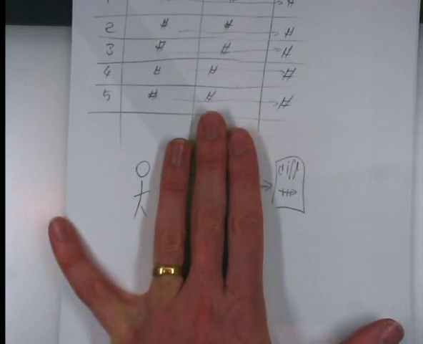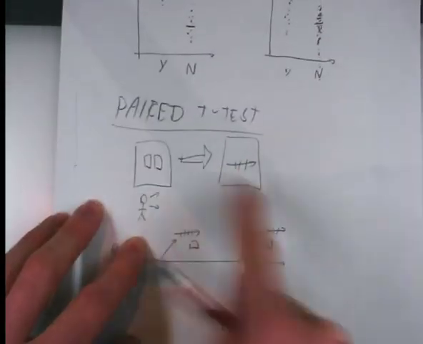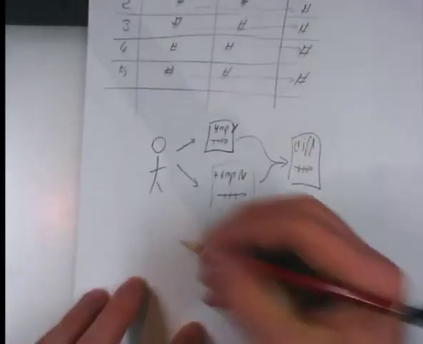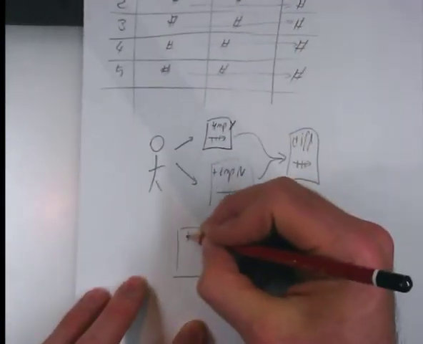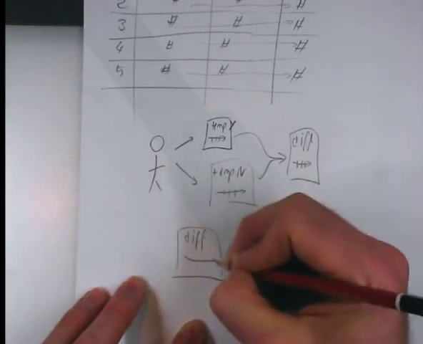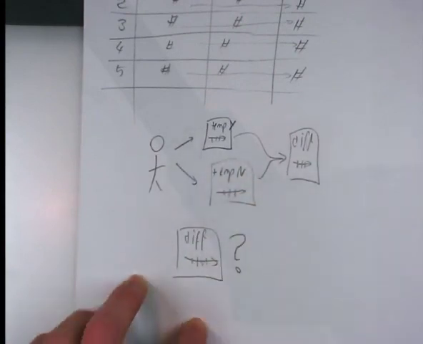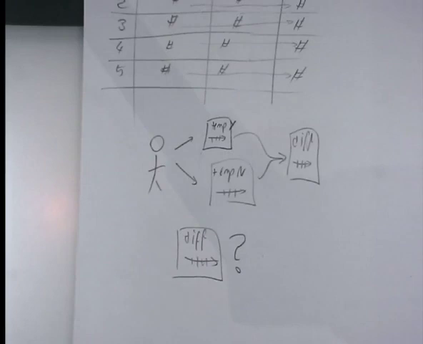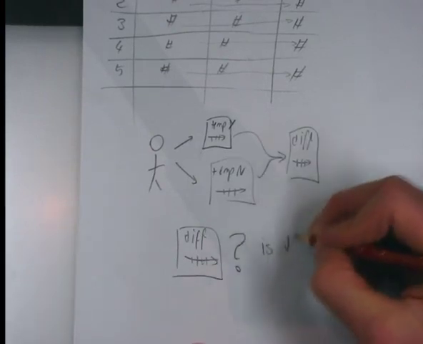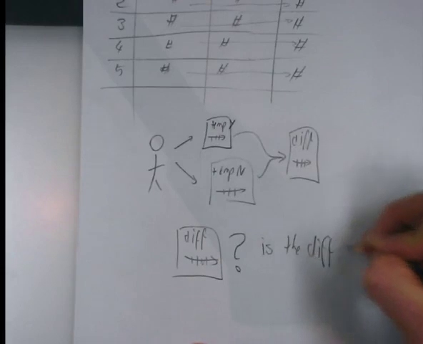And so now my question is not, how does this affect that? Now my question is just, I want to know more about that difference in temperature. I have turned my question about two measurements into a question about one measurement. And I want to know, is the difference 0?